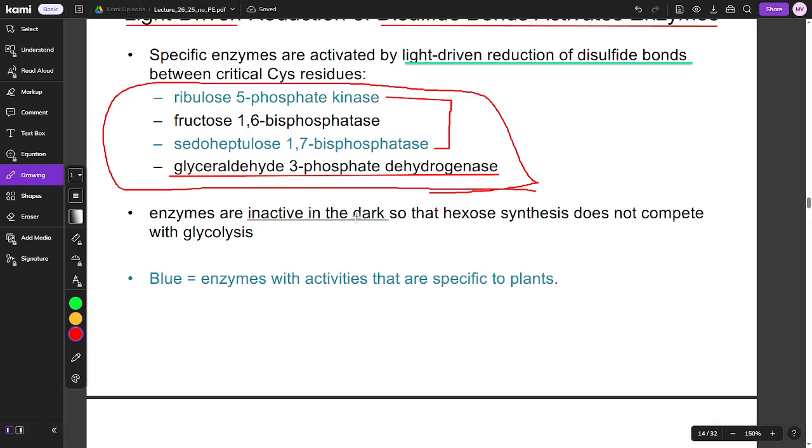So these enzymes are inactive in the dark, so that the synthesis of this hexose does not compete with glycolysis, right? Because we don't need to synthesize sugars if we're struggling to make sugars to keep ourselves alive. And they talk about the blue ones that are specific to plants, and that should be obvious. We covered these in glycolysis, and glycolysis obviously occurs in humans.